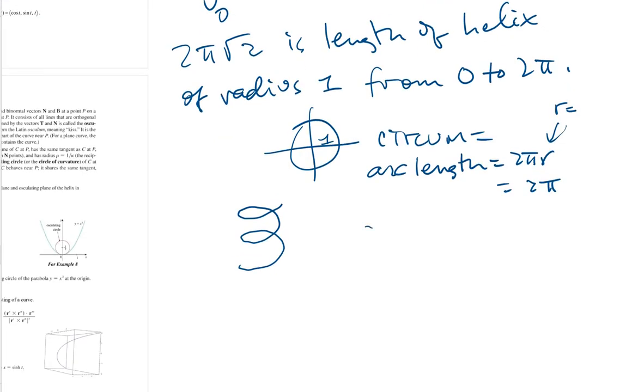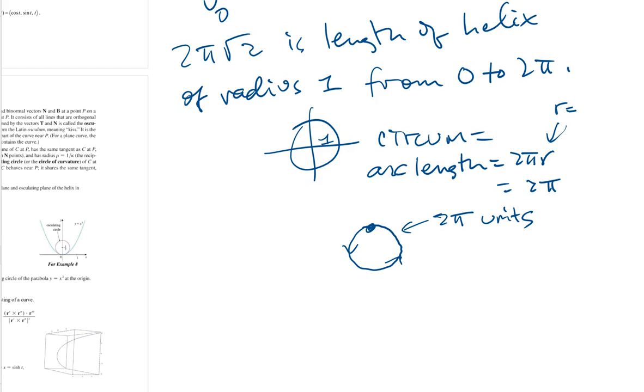So if you draw a circle all the way around radius 1, you're drawing 2 pi units from the start to the finish. When you do the same thing, but you're picking your pencil up, then the start to finish is 2 pi times the square root of 2.